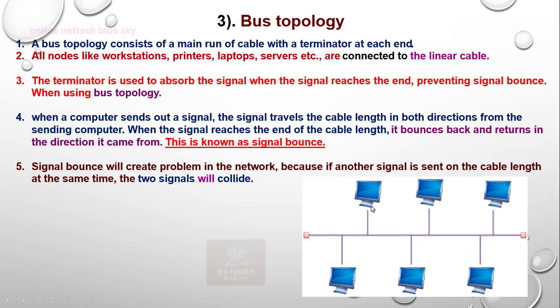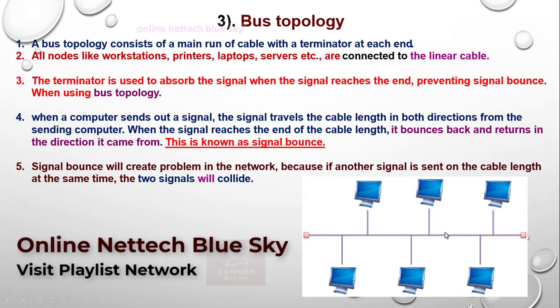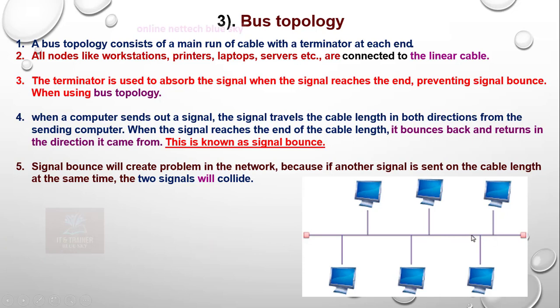One computer sends a file here, and at the same time a second PC sends. The signals come here and collide. The signal does not go through completely, because two computers are sending signals or files at the same time. So this is the main problem of how the bus topology technology connects.